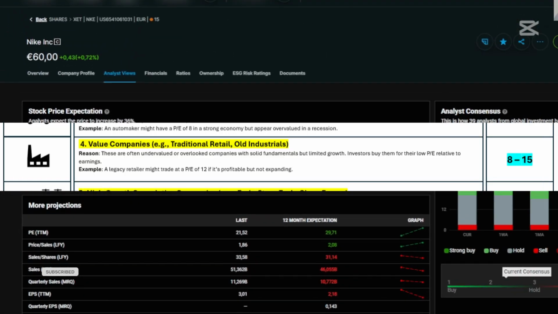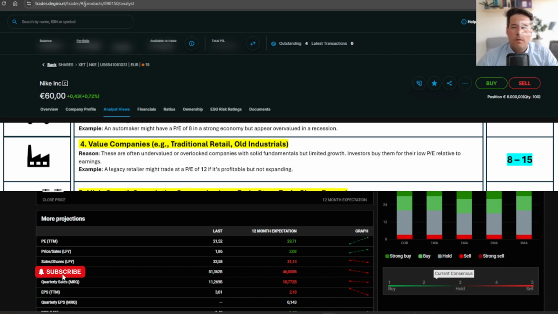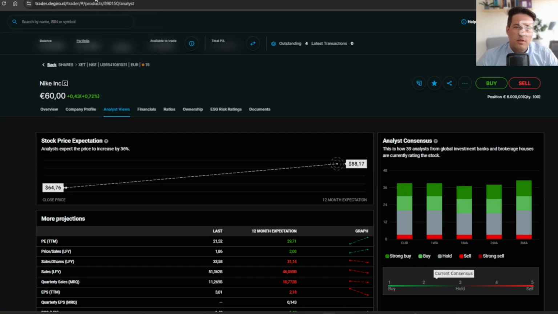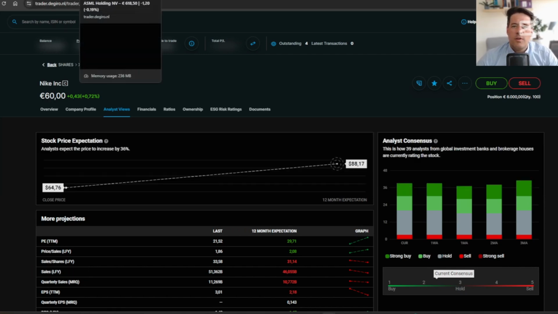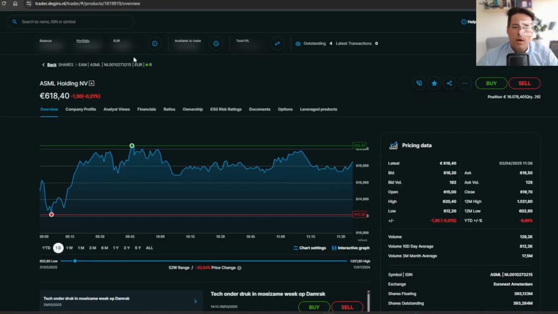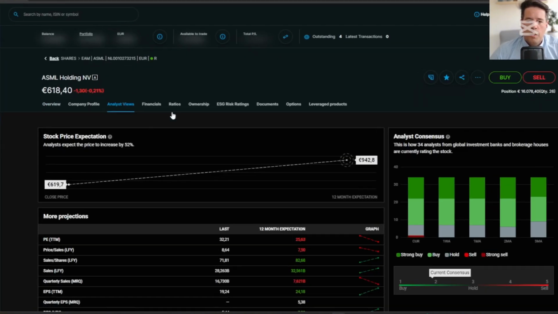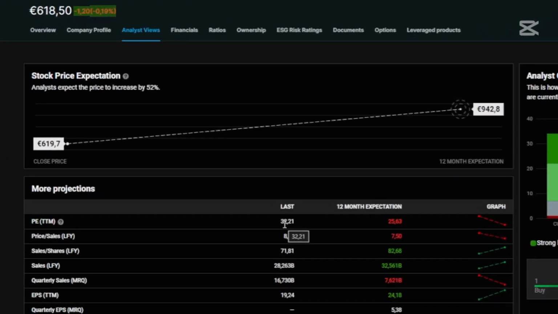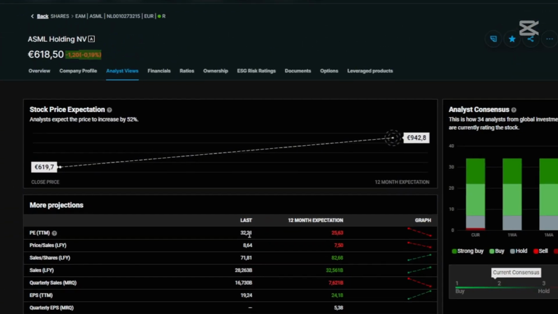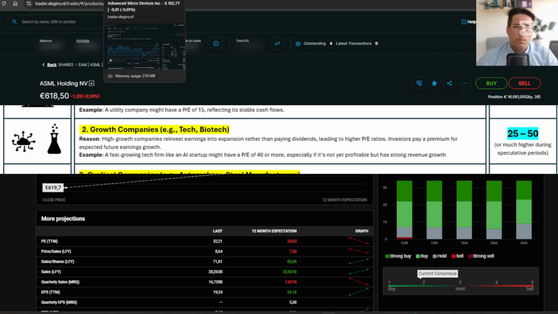If we look into an industry like the semiconductor, the chip industry, let's take 3 of them. The first one is ASML. ASML has a PE ratio of 32, which is relatively high, but it's a tech sector with high innovation and big margins, so that makes sense.